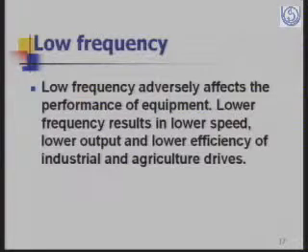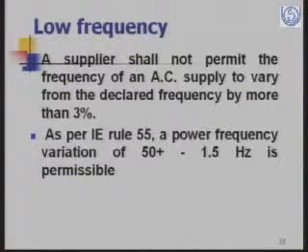Low frequency adversely affects the performance of equipment. Lower frequency results in lower speed, lower output and lower efficiency of industrial and agricultural drives. So we should try to maintain the frequency at the desired level, and the band of frequency prescribed under IE rules is that the AC frequency should not vary from the declared frequency by more than 3%.